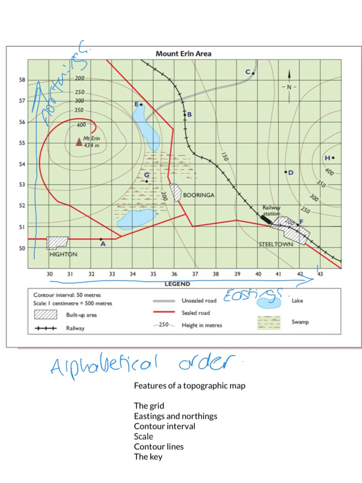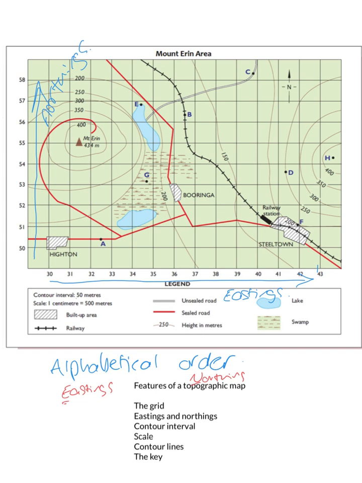Alphabetically, eastings comes before northings, so we look for the eastings before we look for the northings.